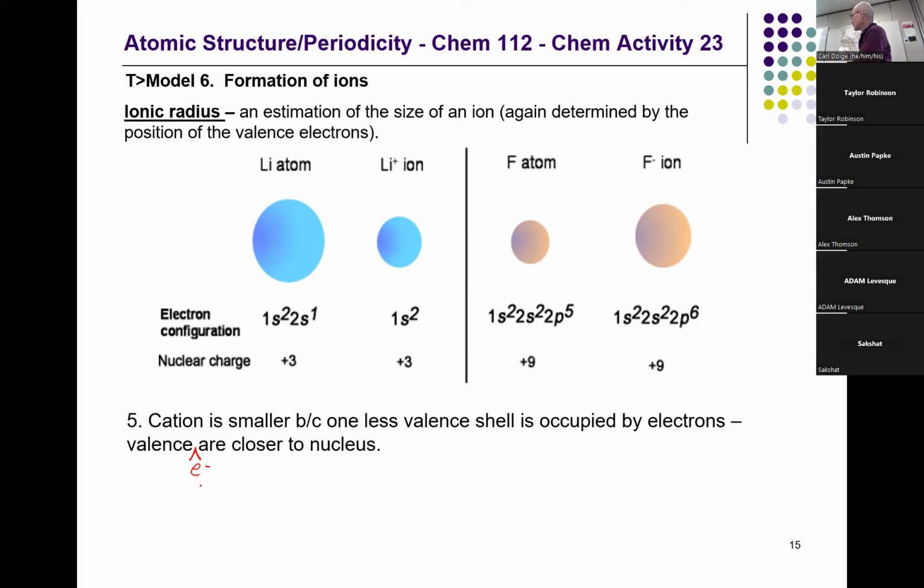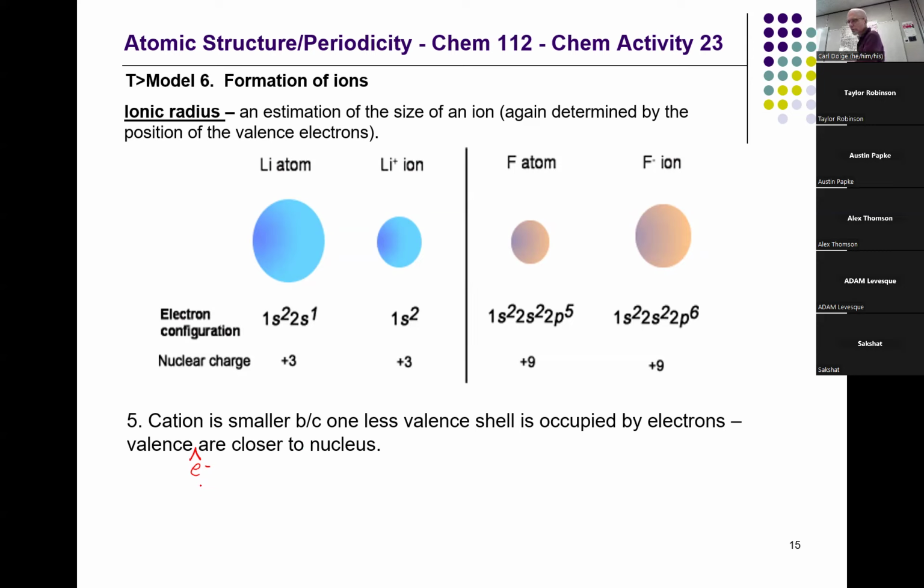So the nuclear charge in both cases is still +3. But when the valence electrons get lost, what were the core electrons have now become the valence electrons. So we have one less valence shell occupied.